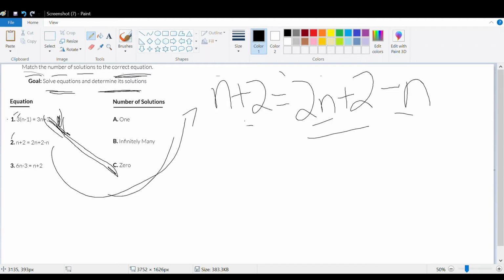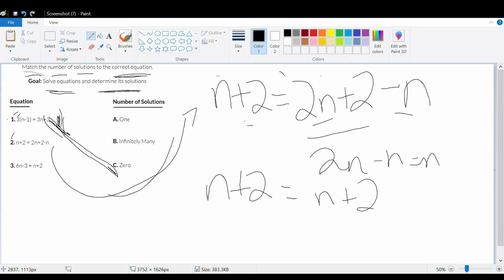If we add those together, 2n minus n equals just 1n, which is n. And then we have the other 2 here. So that's n plus 2 equals n plus 2.